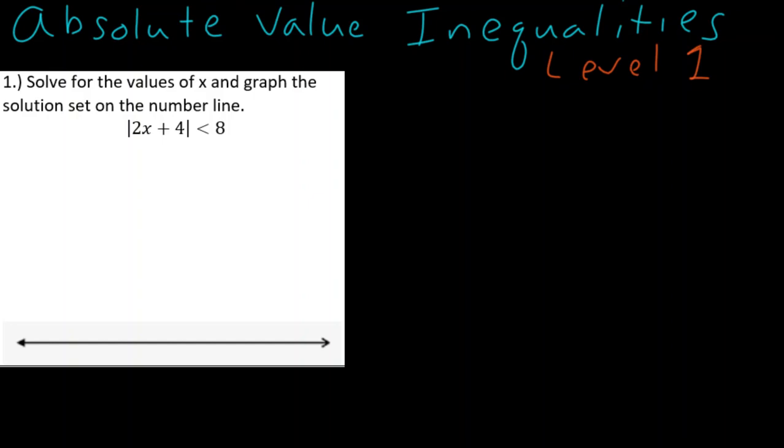on the number line. Okay, well, the first thing we always have to do when it comes to absolute value inequalities is identify what is the symbol and what does the symbol mean. So in this case, when we see the less than symbol, by the way, I read this from left to right. This is the direction that my eyes read it.